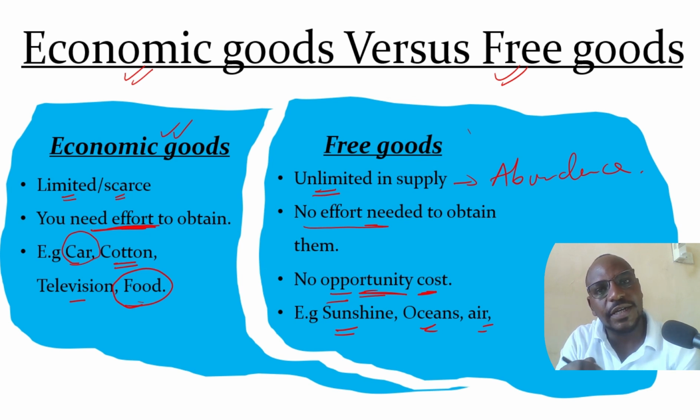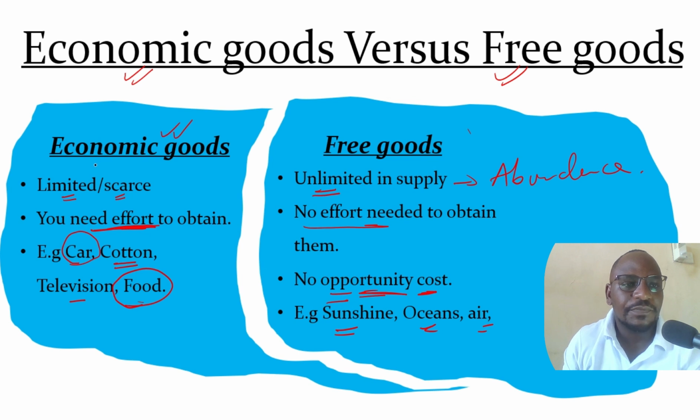That falls under the category of public goods. Street lighting is not a free good, it's a public good. And then we also have other categories of merit goods and demerit goods, but that will be discussed later on. For an introduction to economics, you are being given the meaning of economic goods and free goods.